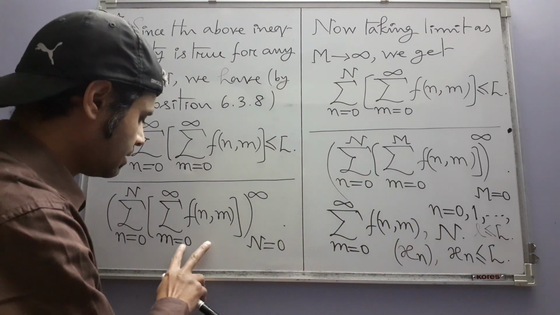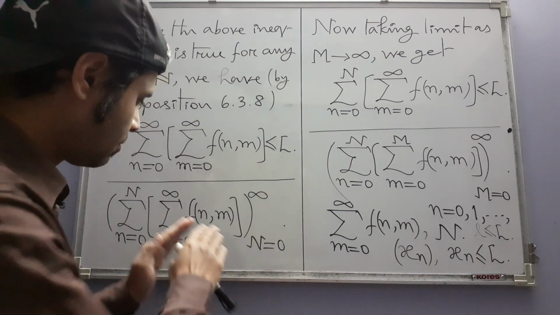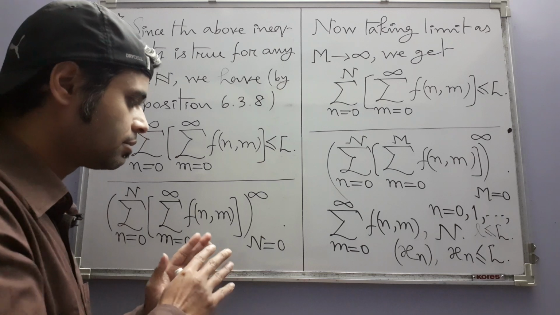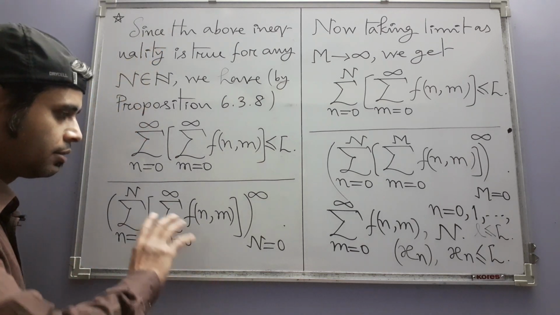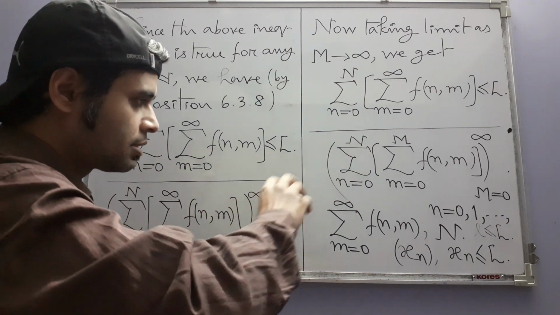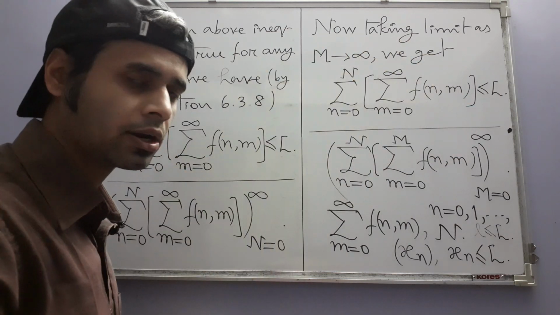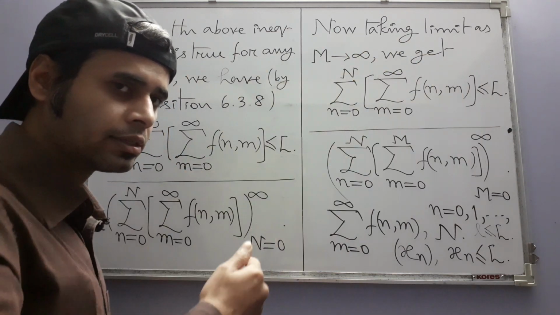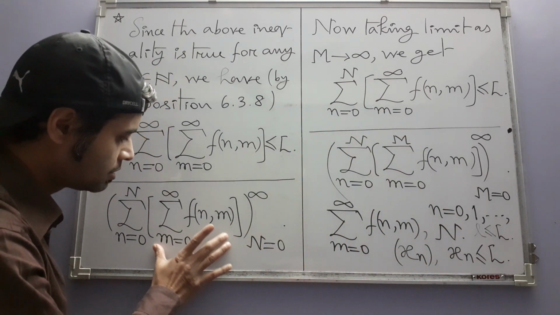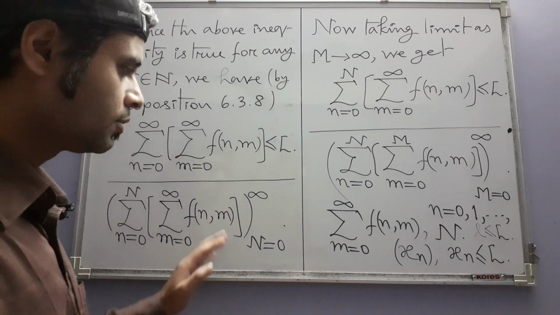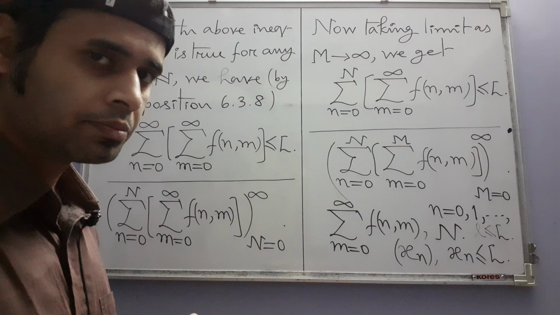Each term in the sequence of partial sums of any such series is itself a non-negative real number, and the sequence increases like that. It's monotone increasing and bounded from above by capital L. So it goes like that and reaches its supremum, that is the limit, that is the sum of this inner series. Definitely that is also going to be a non-negative real number.